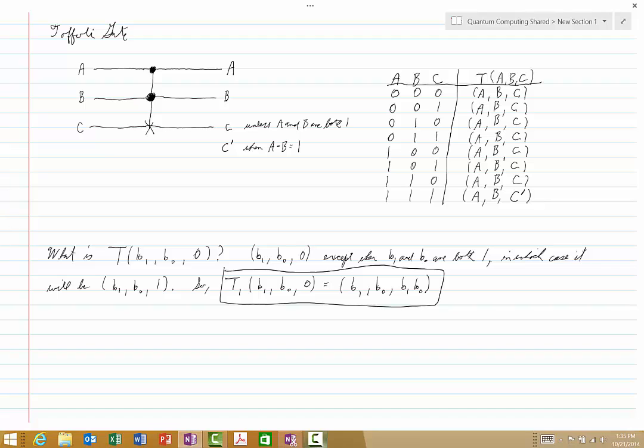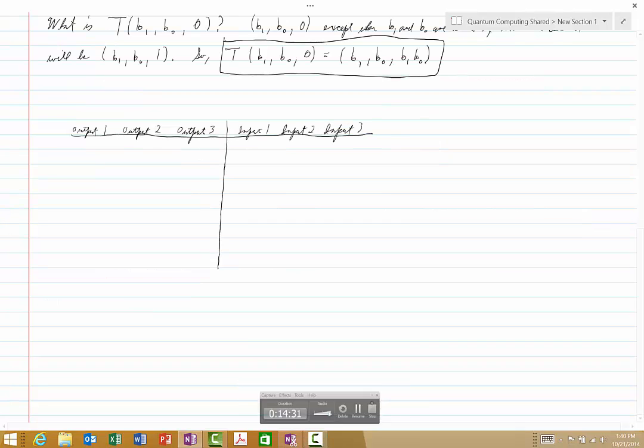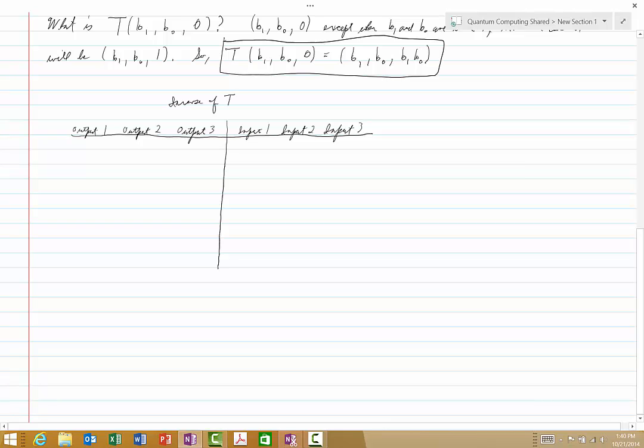Let's just try to construct the inverse of T of B1, B0, 0. And I believe that we'll find that we can do this in every case.